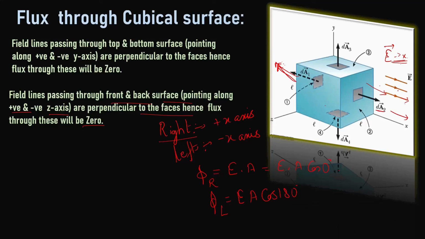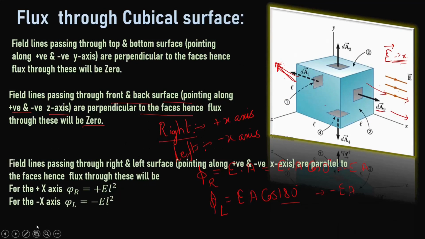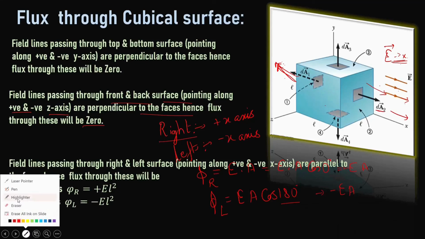So the angle between the electric field and the area vector for the left surface gives cos 180 degrees, which gives minus E A, and here we get plus E A. If we add them, the net flux comes out to be 0.